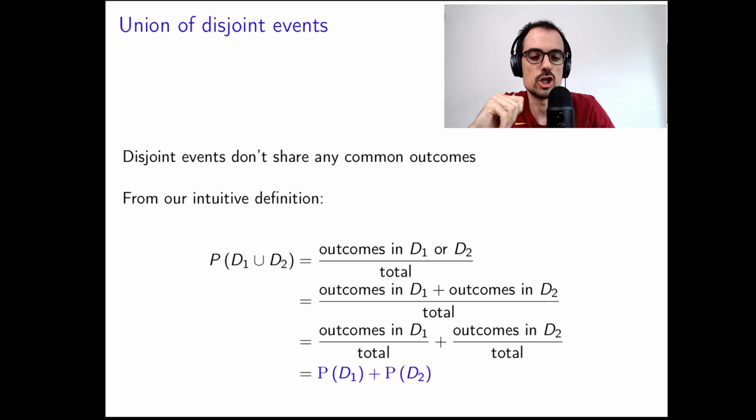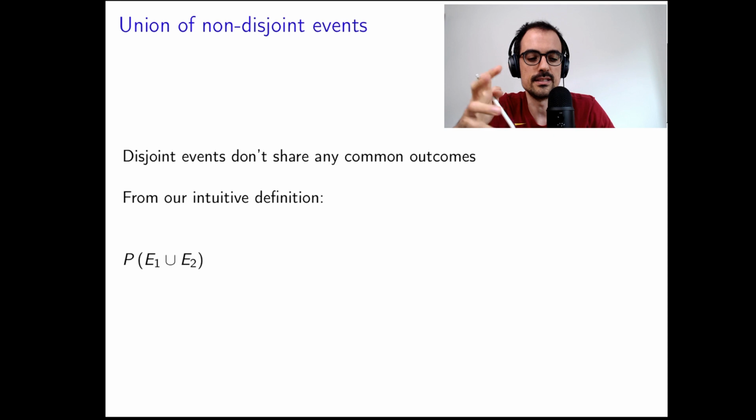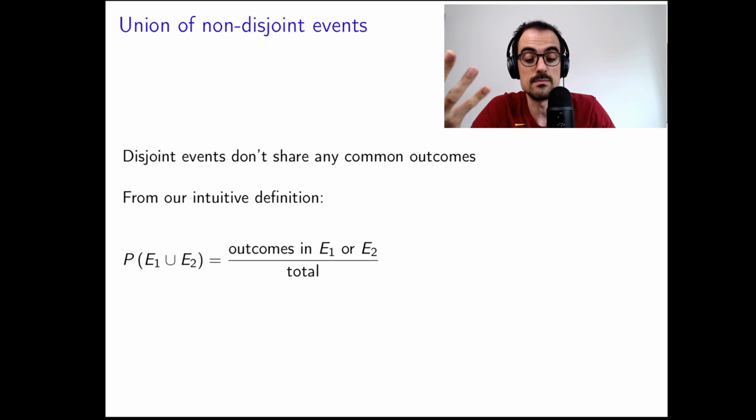What about non-disjoint events? Disjoint events don't share any common outcomes. Non-disjoint events do share some common outcomes. So we're going to apply our intuitive definition and see what happens. Just like before, we're interested in the fraction of outcomes, when we repeat the experiment over and over and over, that are in E1 or E2.